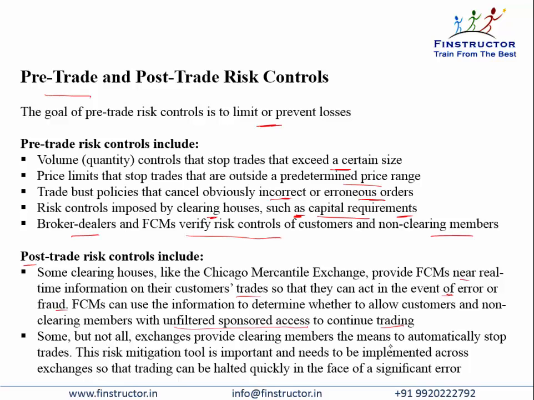Some exchanges also provide means to automatically stop trades. So this is also a risk mitigation tool that needs to be implemented so that trading can be halted quickly in case a significant error is realized or a significant erroneous order is put in place. So these are some ways of controlling the risks in this high frequency environment or high frequency trading.